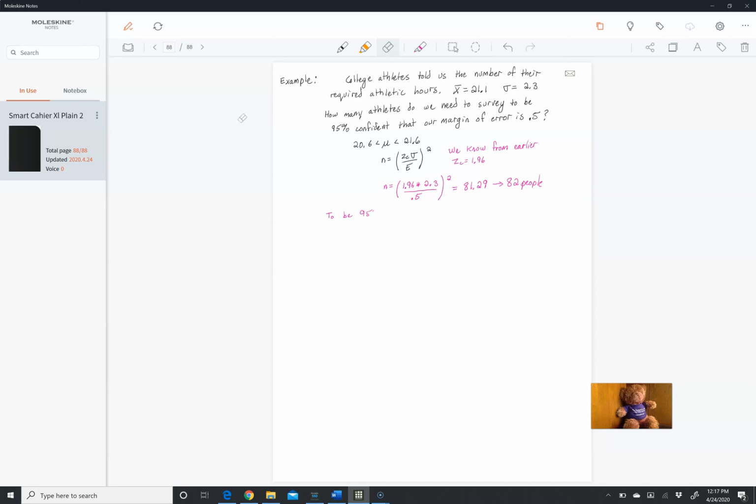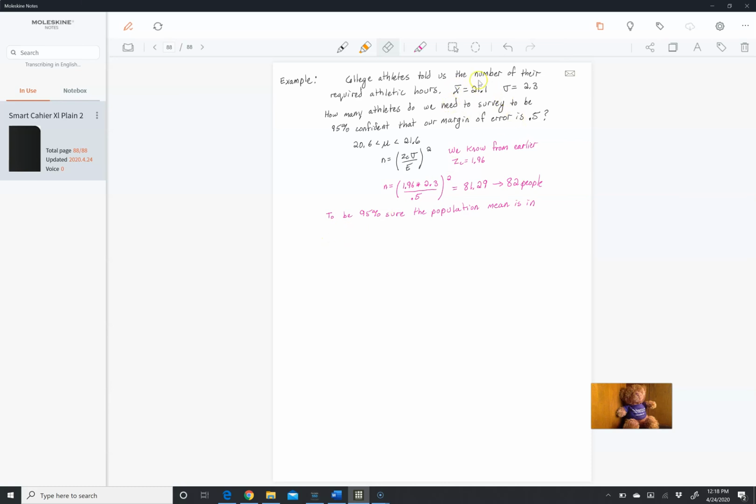So to be 95% sure, the population mean is in the interval. Well, I don't want to say is in the interval, has a margin of error.